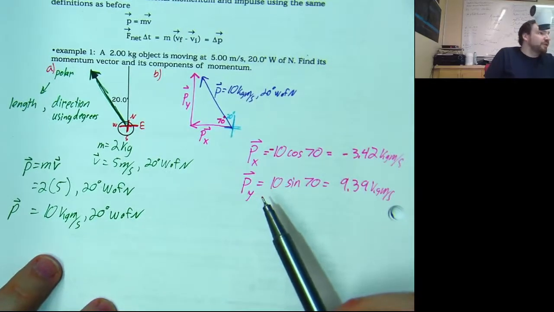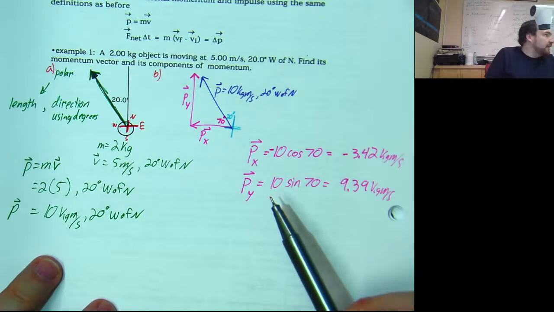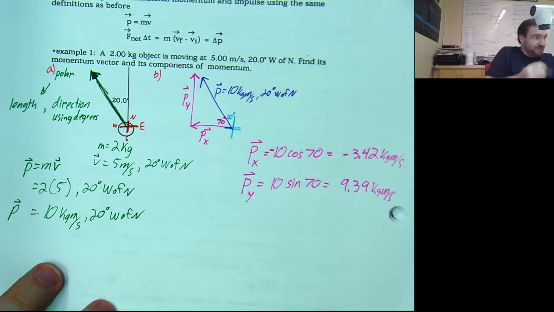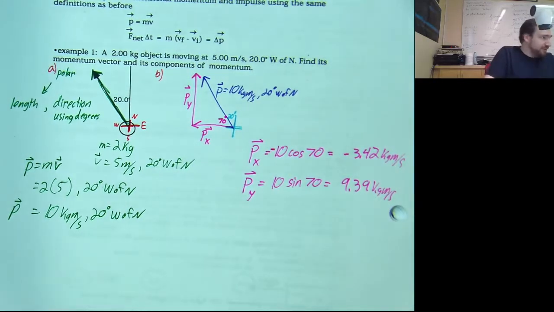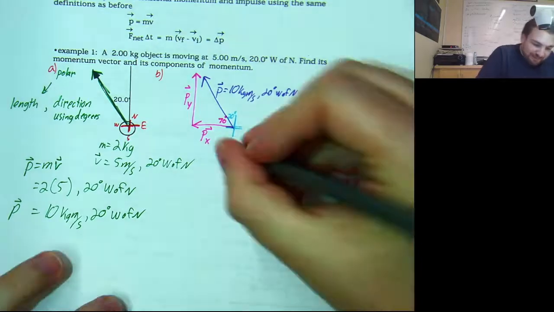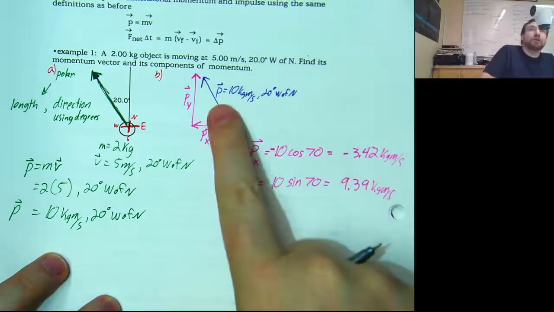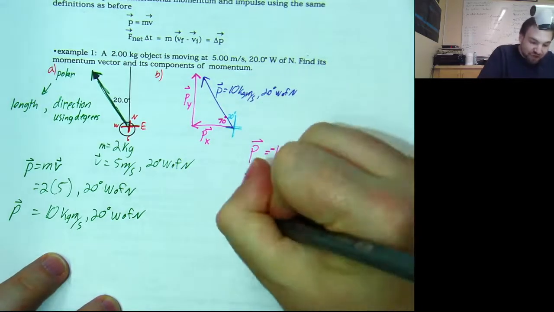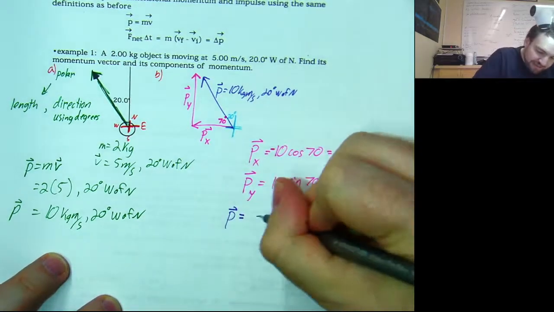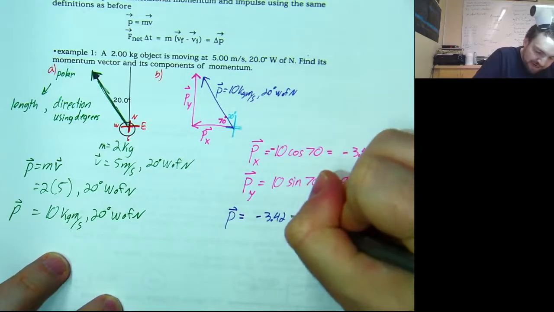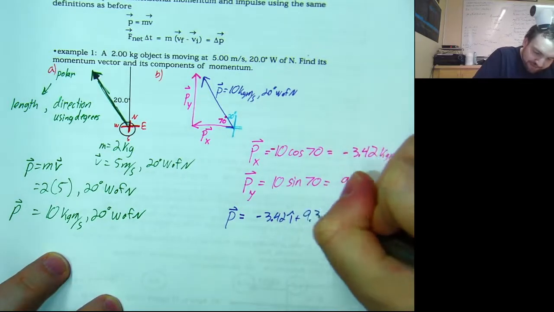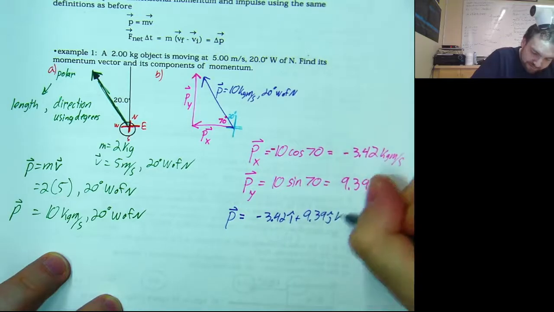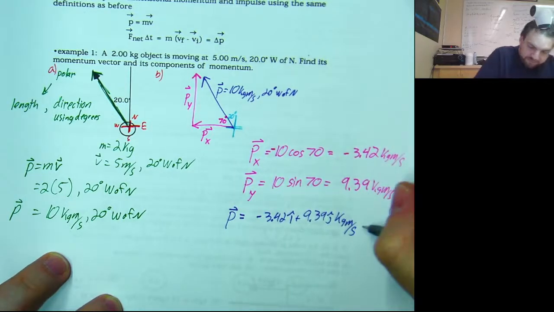So I can write this out using the other notation that we use. Does anyone remember what we used for that notation? I hats and j hats. So I can say that my vector p, which in polar was 10 kilogram meters per second, 20 degrees west of north, is also going to be equal to negative 3.42 i hat plus 9.39 j hat kilogram meters per second.